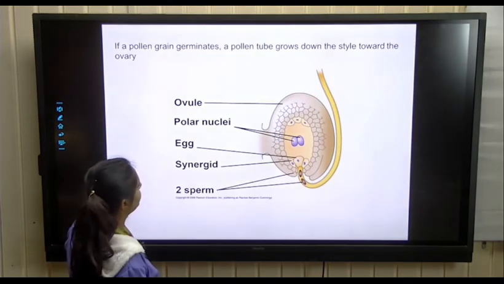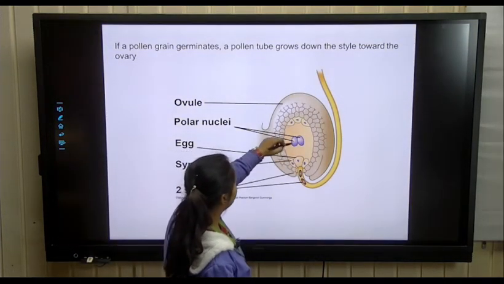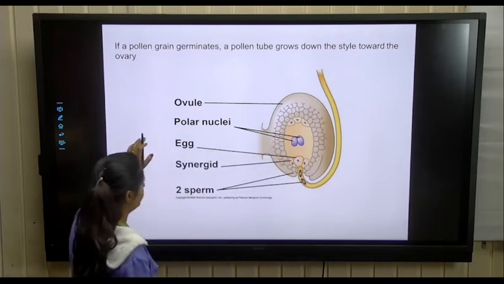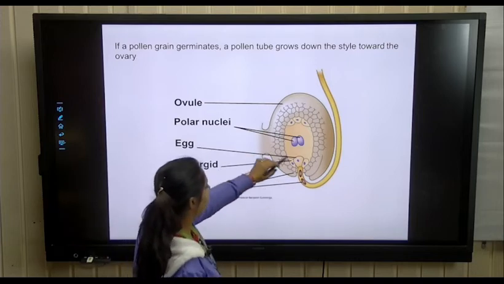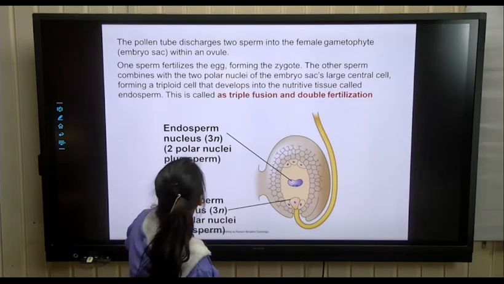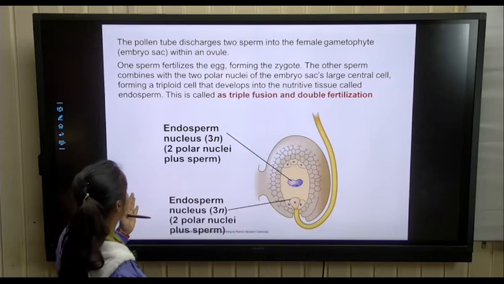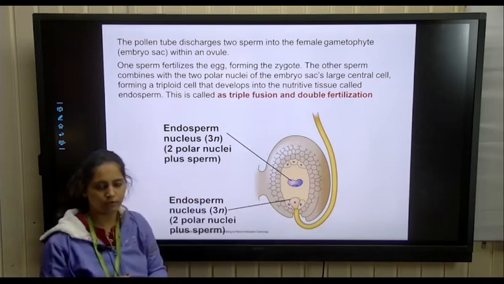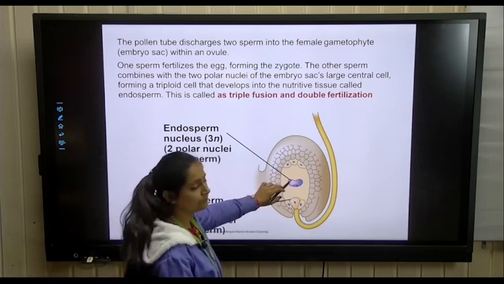If the pollen grain germinates, pollen tube grows, and pollen tube moves inside the style and the ovule, now the process of fertilization takes place. Pollen nuclei, egg, synergids, and 2 sperms have entered. The pollen tube discharges its sperm inside the female gametophyte. One sperm out of that fuses with the egg cell, and one fuses with the polar nuclei.